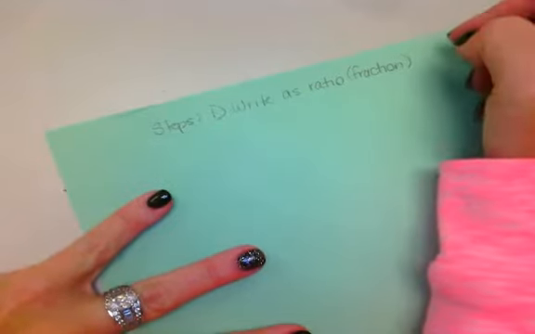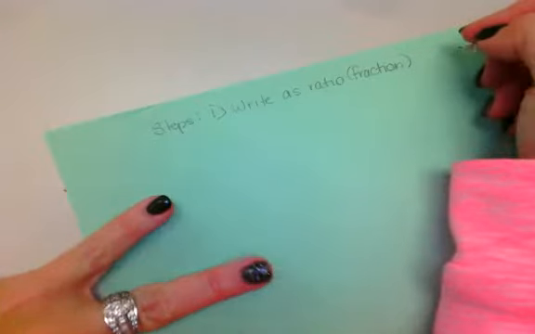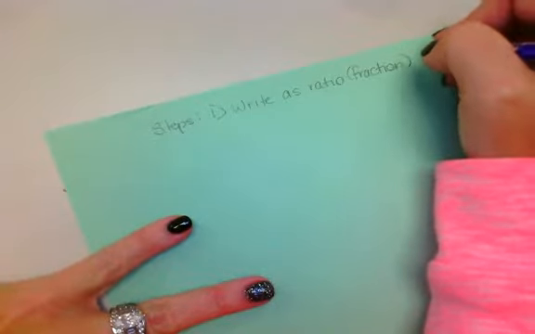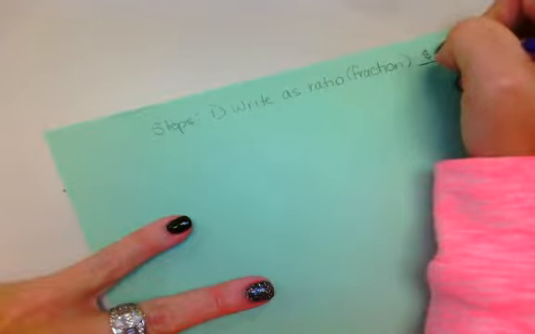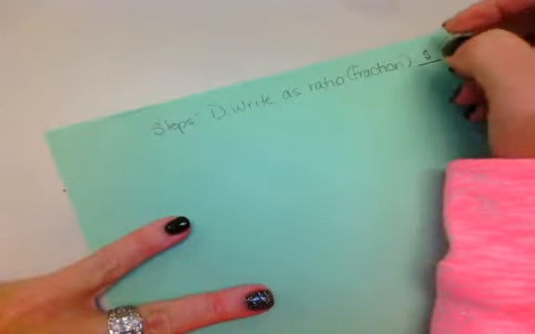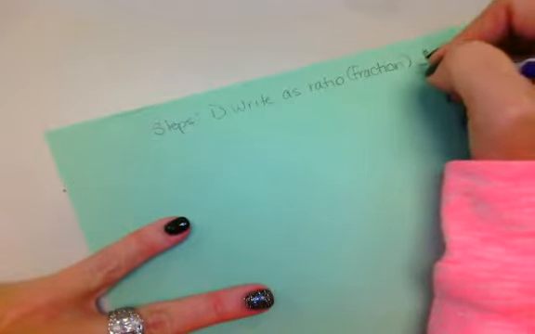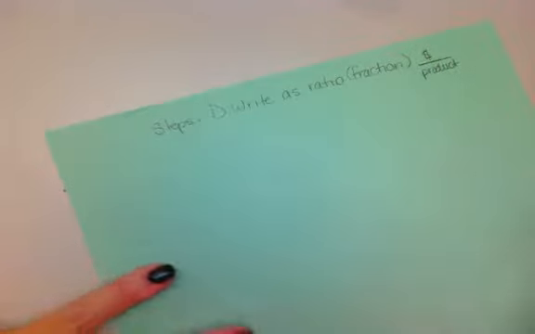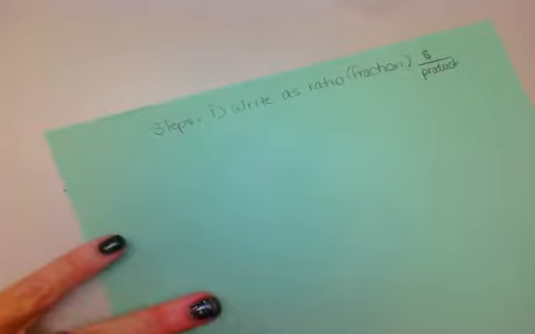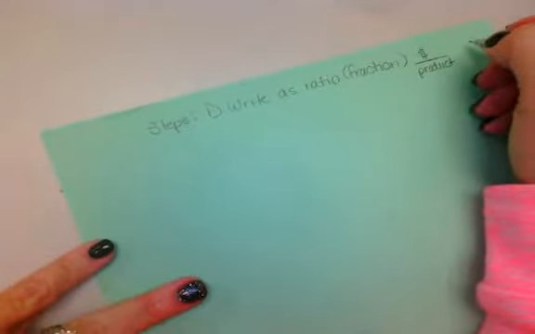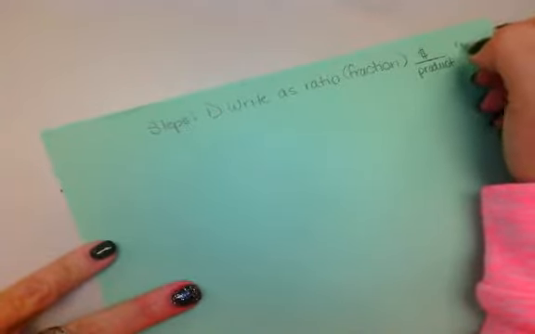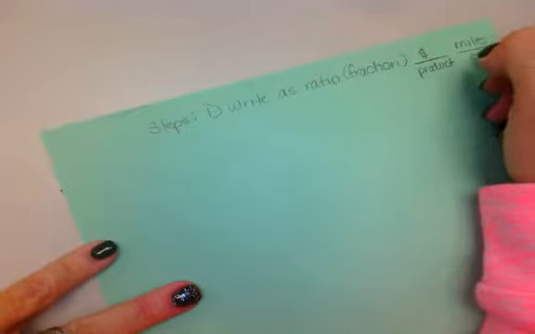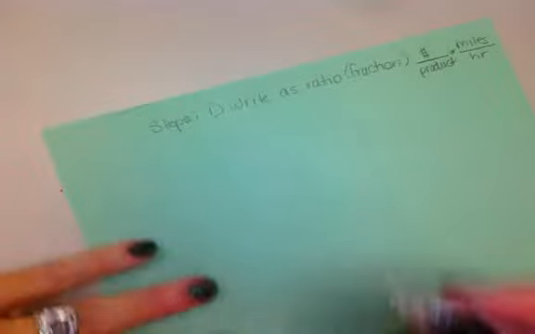For example, if we're dealing with money and a product, it would be money over product. Or if you're doing speed, it would be miles over hours. So there's two examples like that.